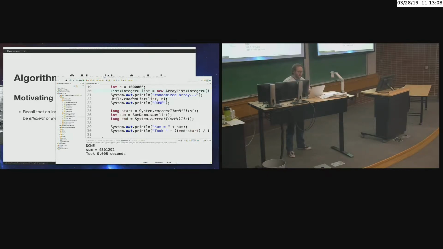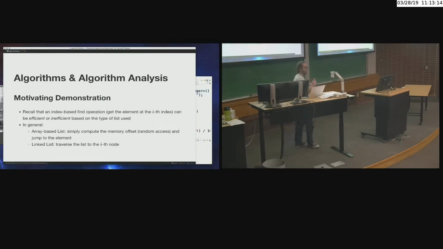So why is this? Well, with an array-based list, you can jump to a memory offset. If I did the same analysis that we did up here with an array-based list, it's only going to be linear. If I have a million elements, then I'm doing a million summations and a million retrieval operations, because I can immediately jump there.